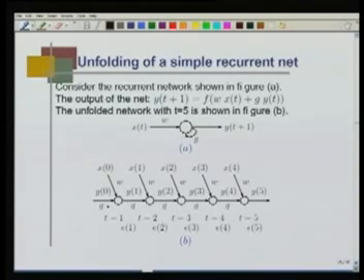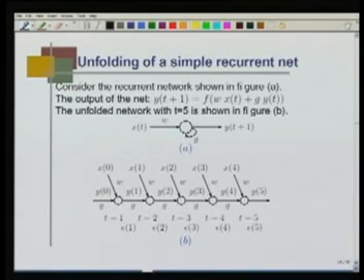Now, if you look at this network rolled over t equal to 5, for t equal to 1 this is the first expansion, t equal to 2 this is the second expansion. First expansion is y 1 in terms of y naught x naught, second expansion y 2 in terms of x 1 y 1, third y 3 in terms of x 2 y 2, similarly y 4 in terms of x 3 y 3 and y 5 in terms of x 4 y 4.